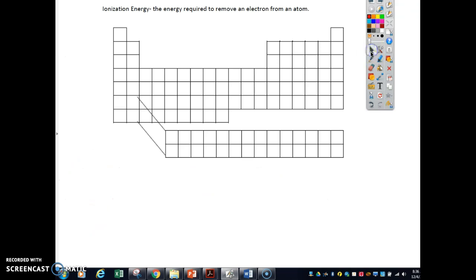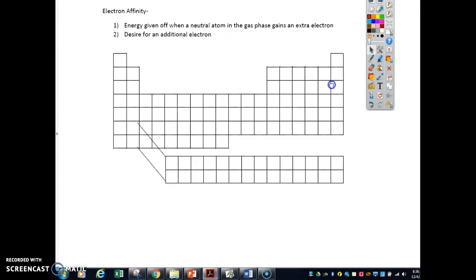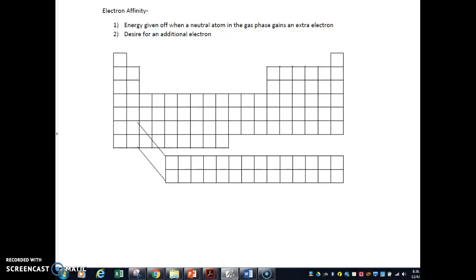And go to the next trend. The electron affinity. There's a couple different definitions you could use. The first one's given there: energy given off when a neutral atom in the gas phase gains an extra electron. To simplify that, it is the desire for an extra electron. So as you move down a column, electron affinity is going to decrease.